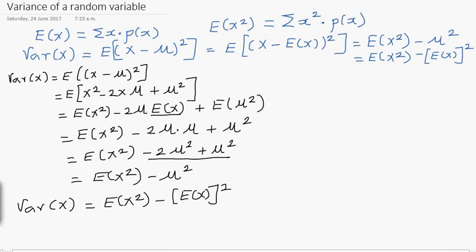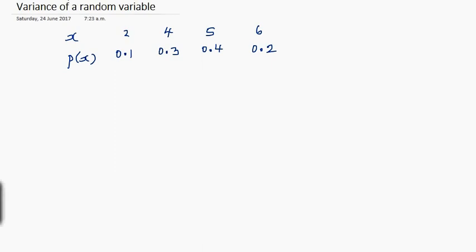I'll take an example once I clear this working space. Now I've written this example. This is the random variable x: 2, 4, 5, 6, and this is the probability of the random variable. The probability of getting a 2 is 0.1, probability of getting a 4 is 0.3, and probability of getting a 5 is 0.4, and so on.